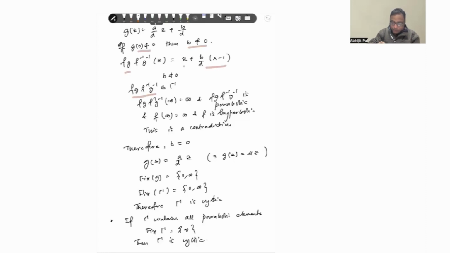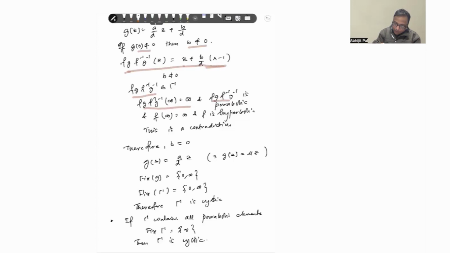f and g both fix infinity. So this commutator will fix the infinity. And by the structure, since b is not equal to 0, this will be a parabolic isometry which is fixing the point infinity.